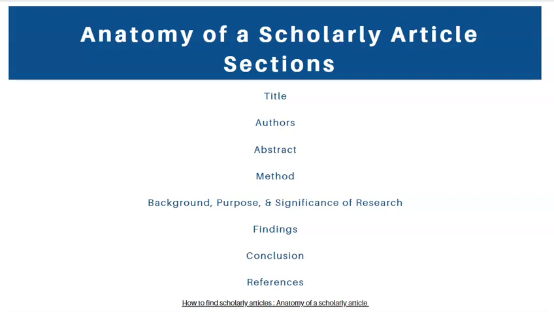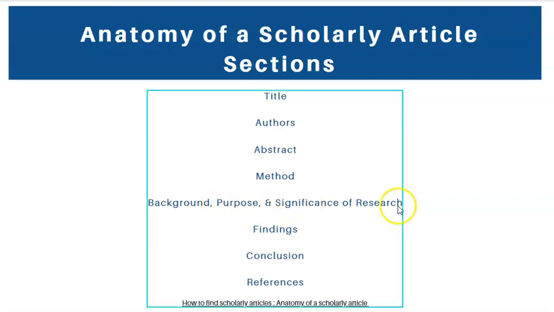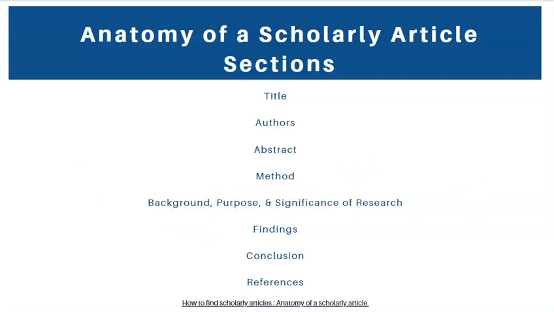Now from there, things can be a little bit different. Sometimes, I do love the ones that do provide background, purpose and significance of the research. That might help you with your ThingLink piece as well, in establishing what the research is about. Additionally, you'll have findings and conclusions. Findings is not always there, and sometimes it's also entitled limitations.